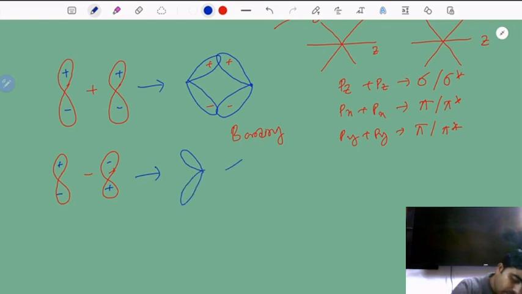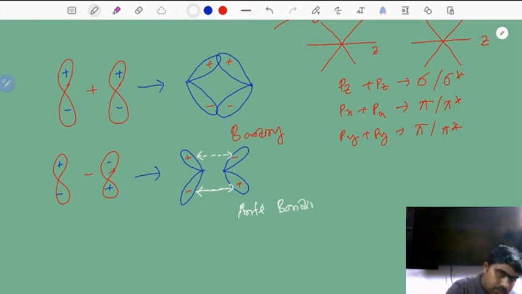See, here the charge is plus minus minus plus, they are repulsed to each other. Understand? So this is called anti-bonding. Anti-bonding. Understand?